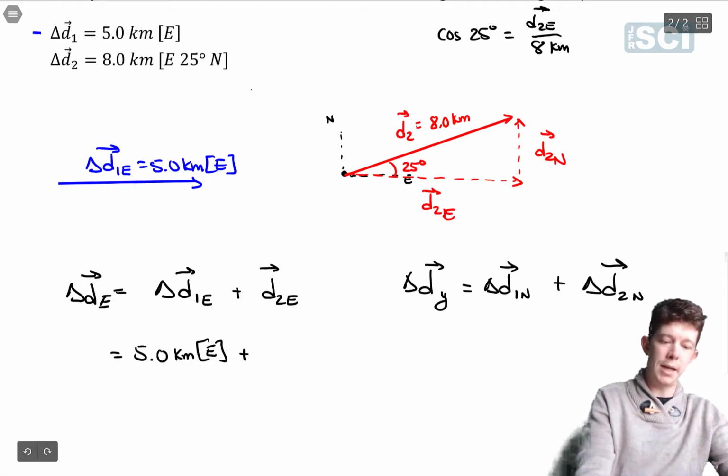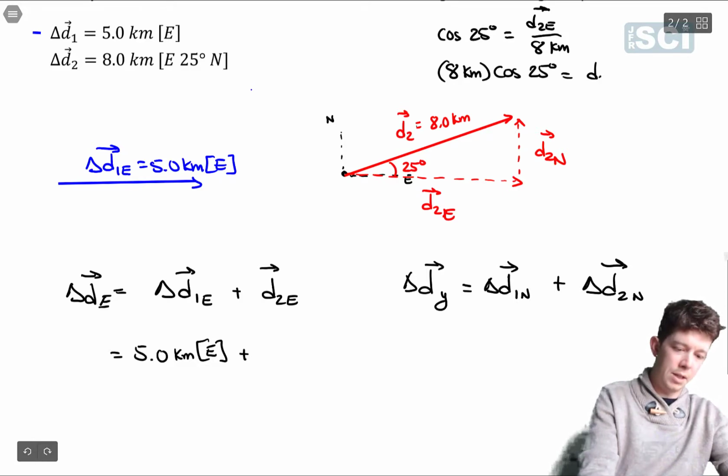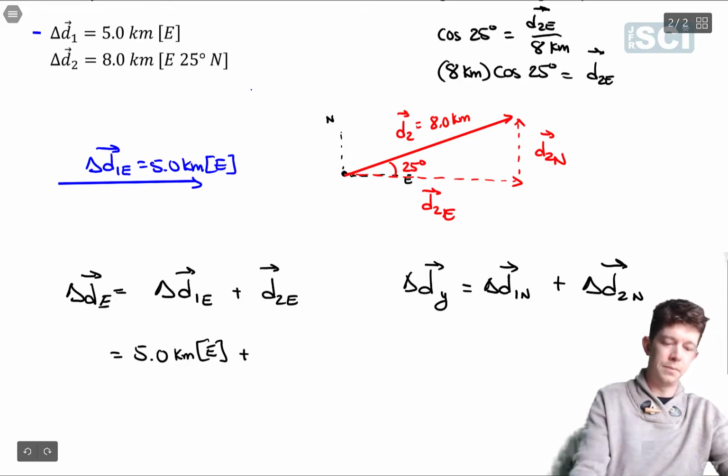If I multiply both sides by 8 kilometers, I get 8 kilometers multiplied by cosine of 25 degrees. That gives me d2 east. Okay, and that's just the magnitude of it.